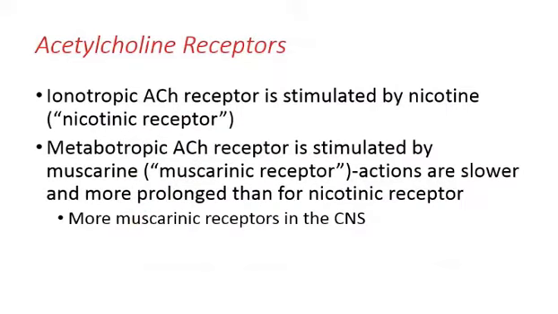We have two different types of acetylcholinergic receptors: the ionotropic nicotinic receptor that's stimulated by nicotine, and the metabotropic muscarinic receptor that's stimulated by muscarine.